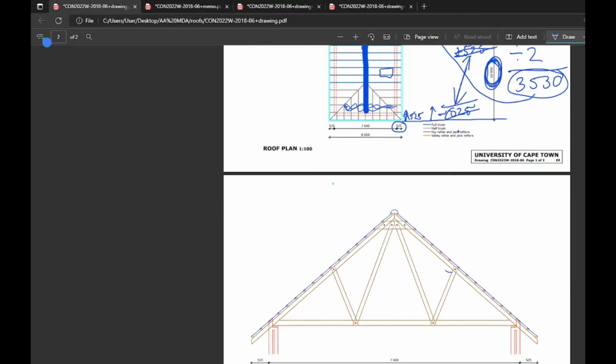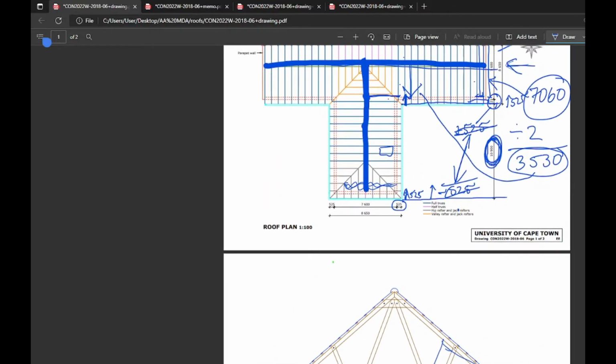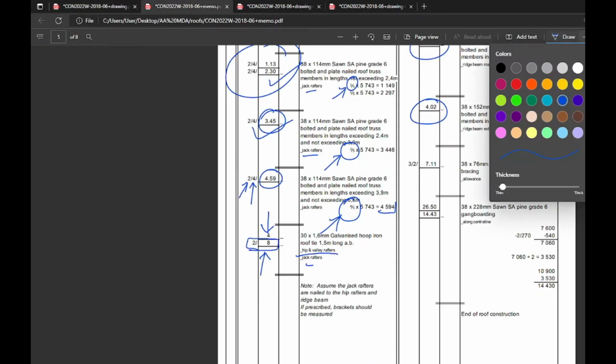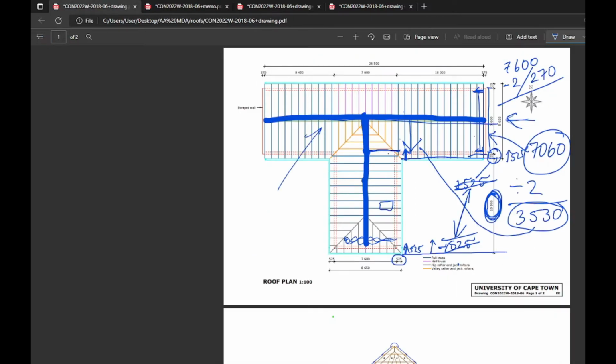Basically we're talking about a space that's this size towards the end. But this is how it's calculated. Gang boarding: 26.5, 14.43. So what happened there? You took it straight. Then what you needed to do was find half, this is half of the inside span. Alright.